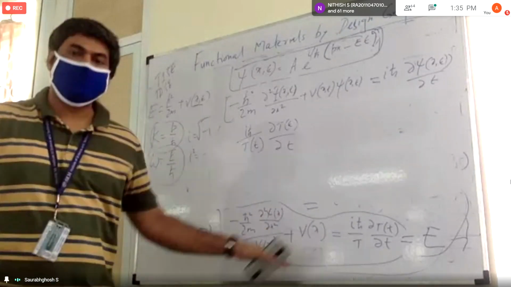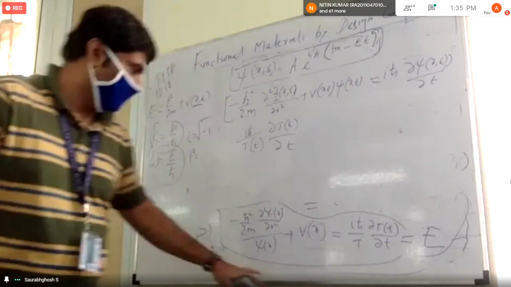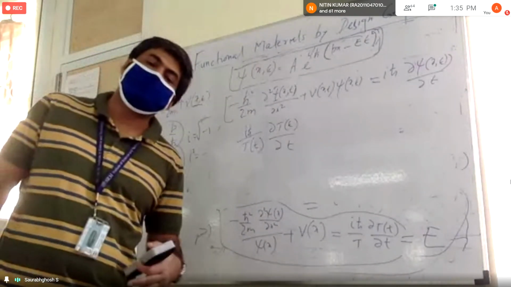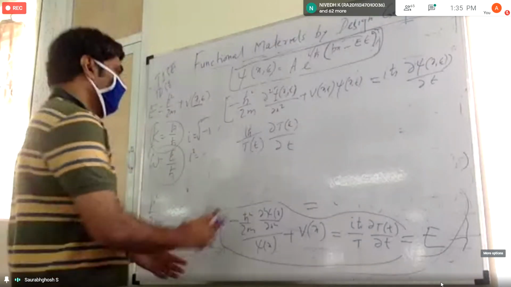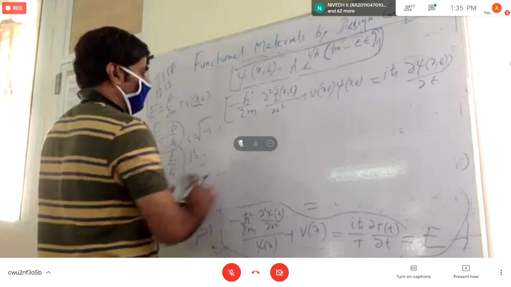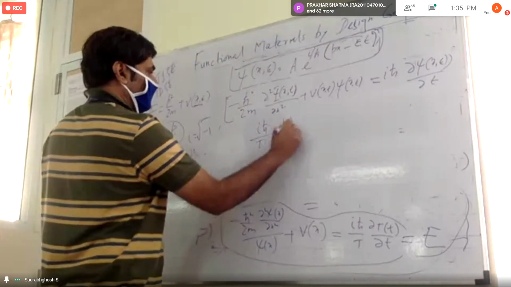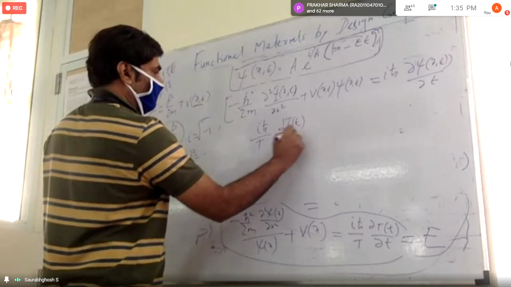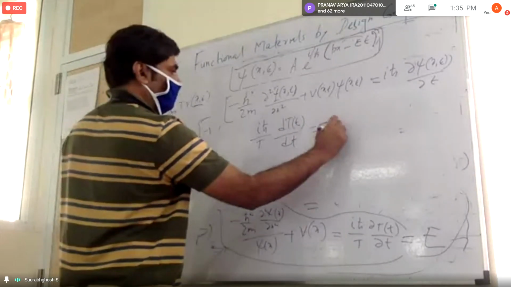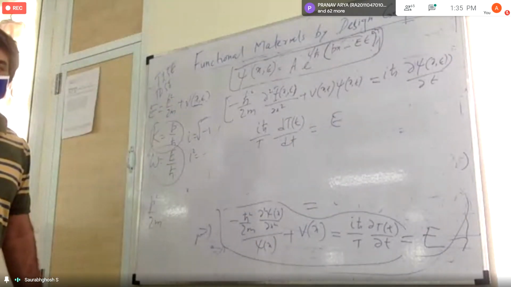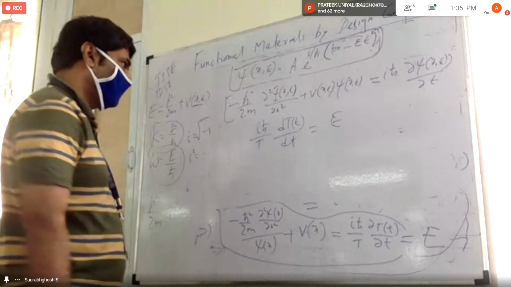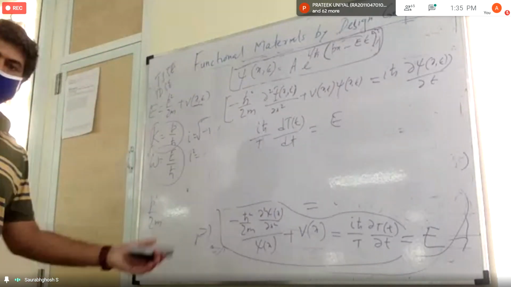Now we have separation of variables. Here you have only t, and there only x. So we don't need to write the partial derivatives again. You can simply put the simple differentiation. So i h cut by T dT by dt is equal to E. This is one equation. Okay?